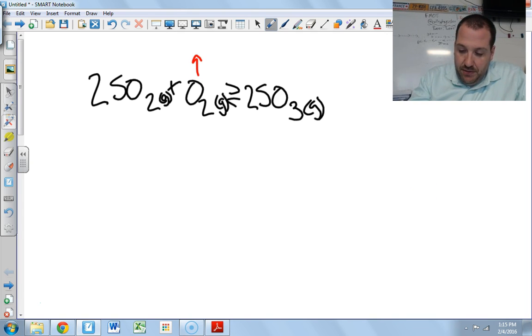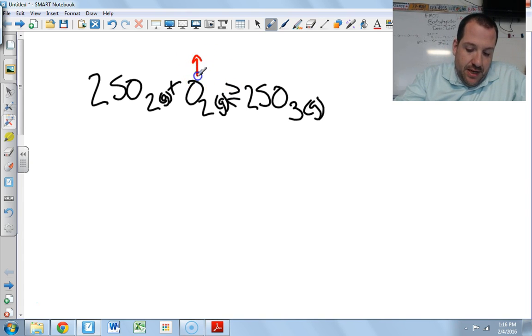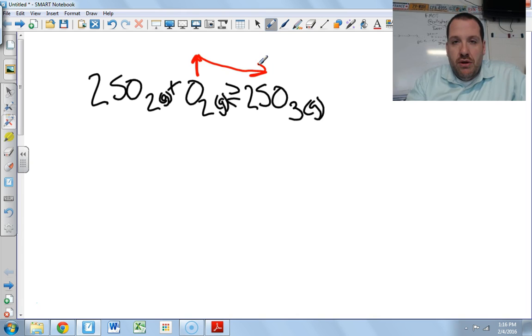Le Chatelier's principle says that when there is a stress on the system, you shift to alleviate the stress. Because we have a stress on this system, the reaction is going to shift to the right in order for the system to regain equilibrium.